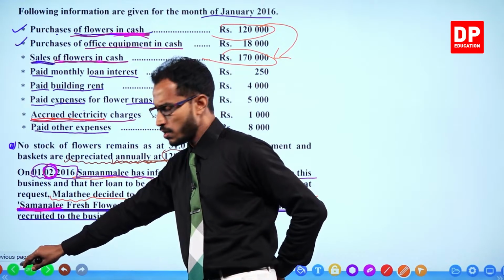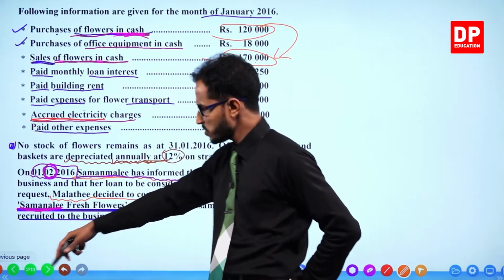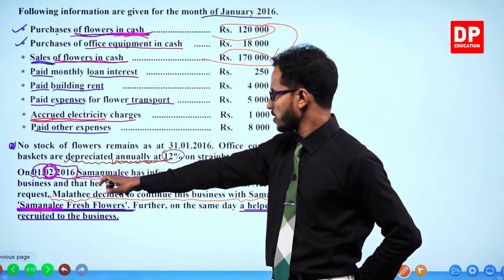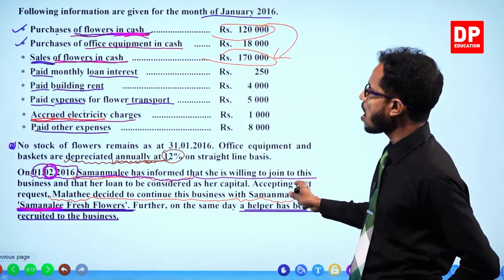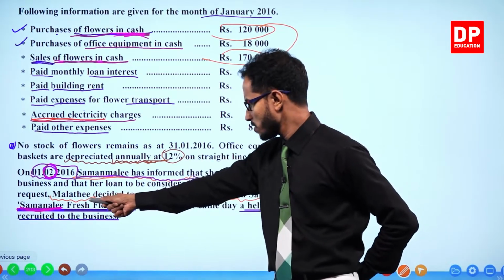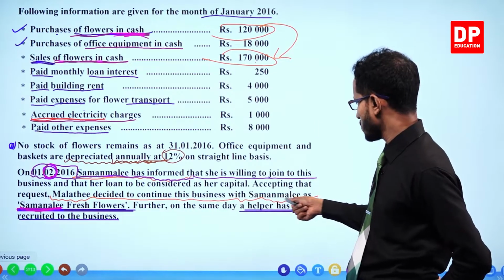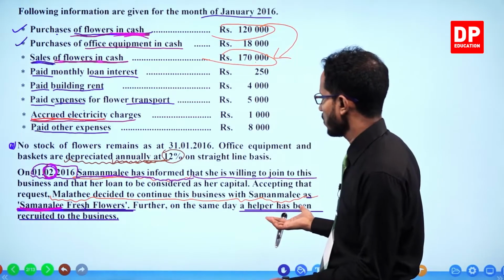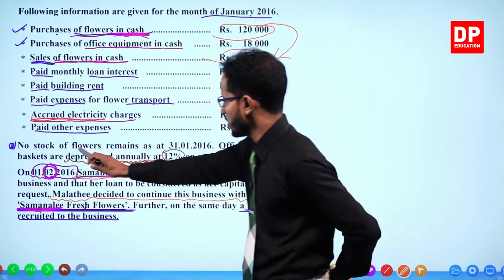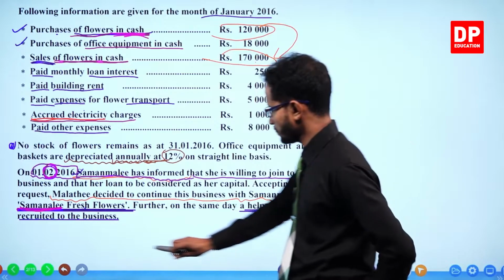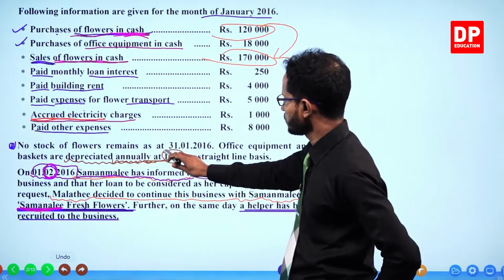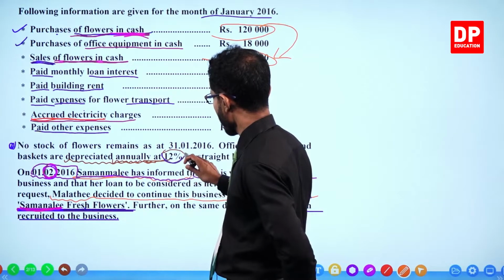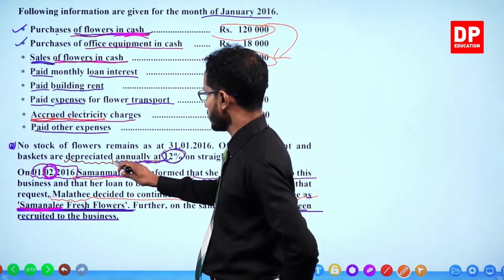See, I have underlined. Here, see? Here.